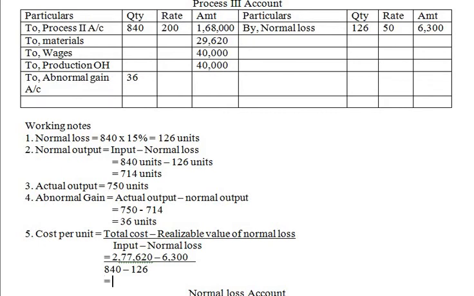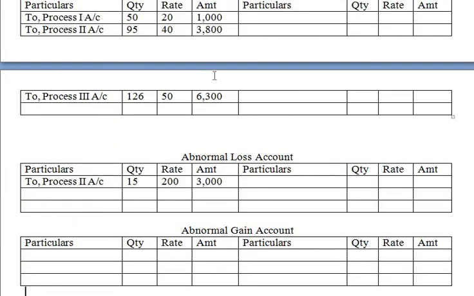So that is equal to rupees 380. So here 36 into 380, that is 13,680. So this abnormal gain we are going to show in the abnormal gain account credit side. Abnormal gain account credit side.